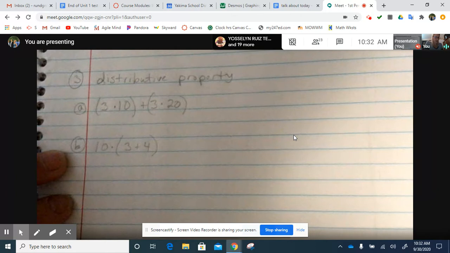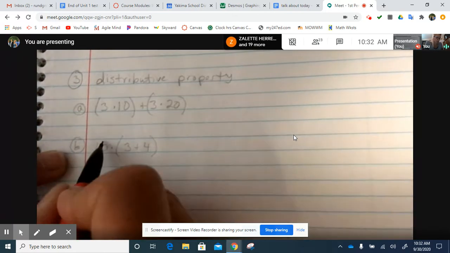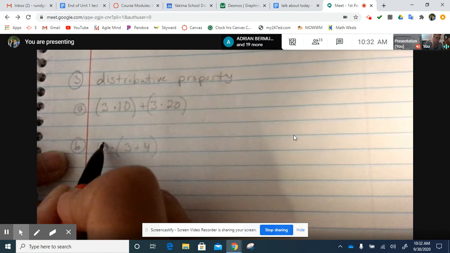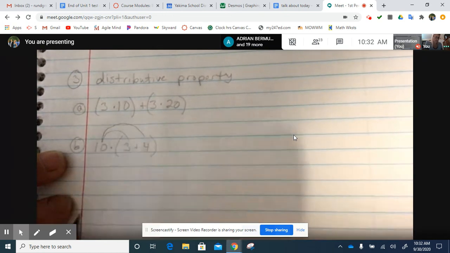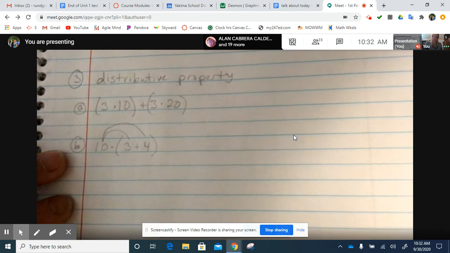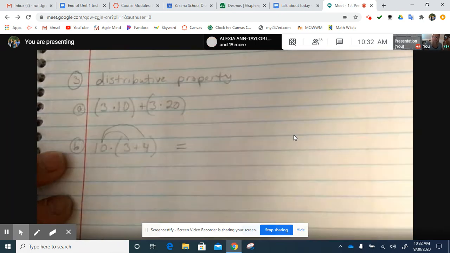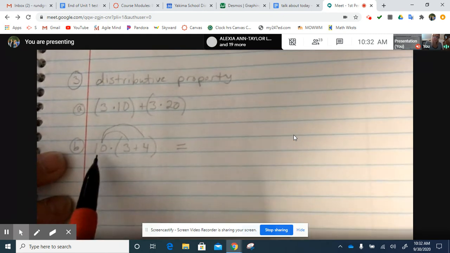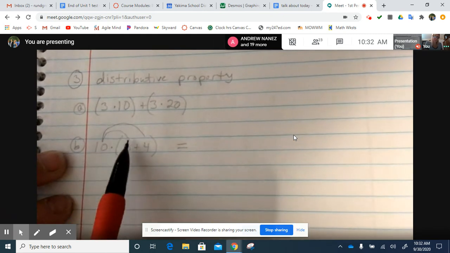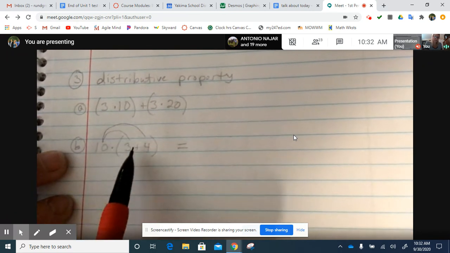Okay, so writing the distributive property in another equivalent form without actually solving here. Remember the distributive property, I'm going to jump down to B. Distributive property is where we multiply what's outside the parentheses into the parentheses. So I'm actually going to do B first here, just because it's a little bit easier to explain. So when we multiply 10 into the parentheses with 3, we are going to have 10 times 3.